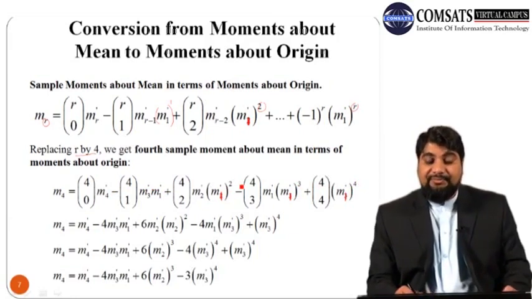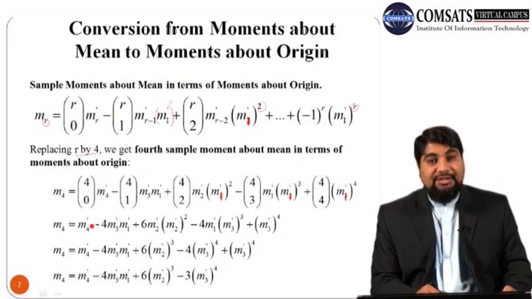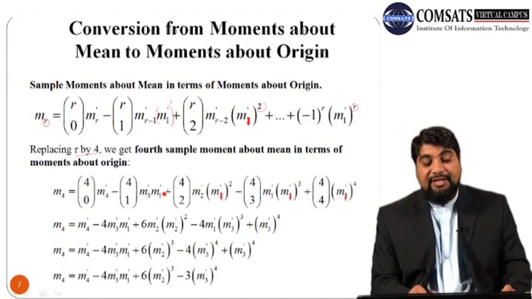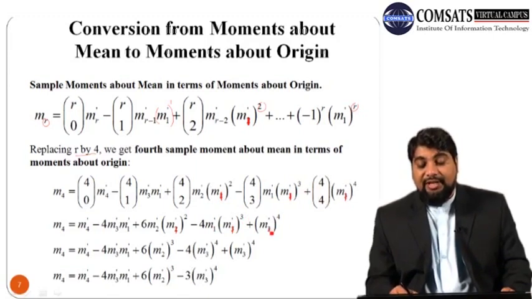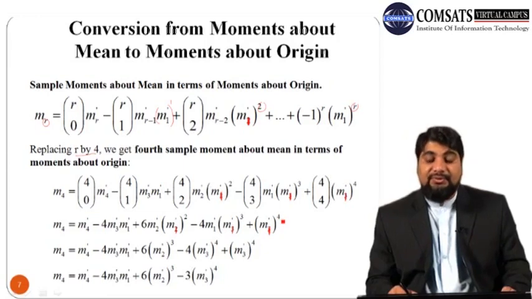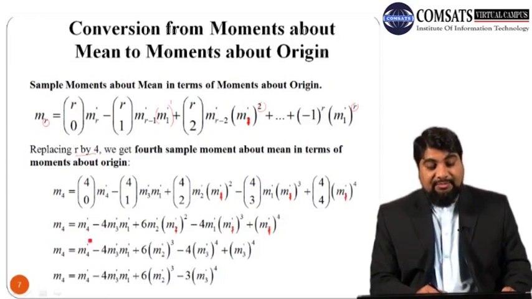So there is a slight correction. 4c0 is 1, so we get m4', 4c1 is 4, m3' m1' as it is, then 4c2 is 6, m2' m1' whole square, then 4c3 is 4, m1', and this one is also m1' whole cube, then 4c4 is 1, and we are left with m1' raised to power 4.